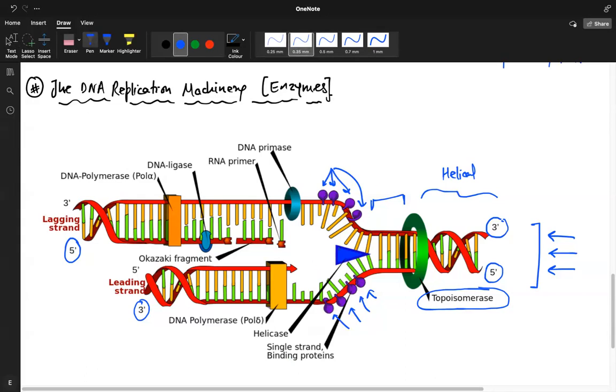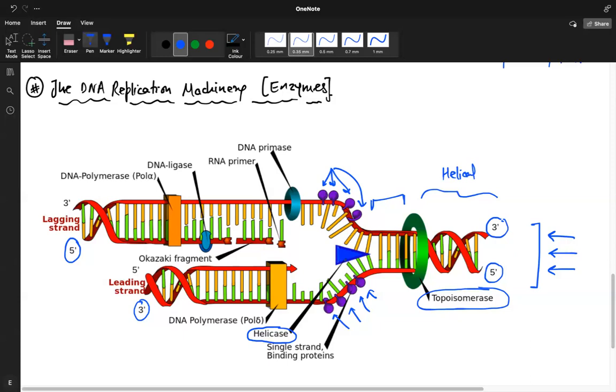But what's making it single in the first place? What's making it single is this enzyme called helicase. So it was a helix, which is opening. So topoisomerase can do both the things. It can bind and unbind both. Helicase opens. Can you see that it's opening the DNA?